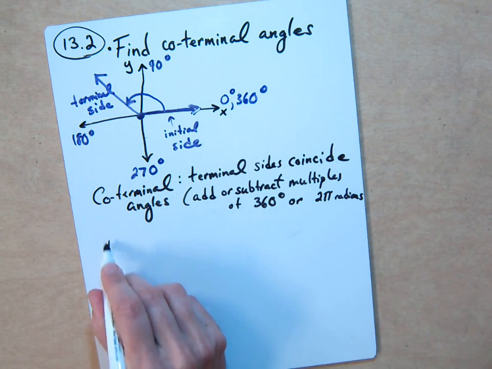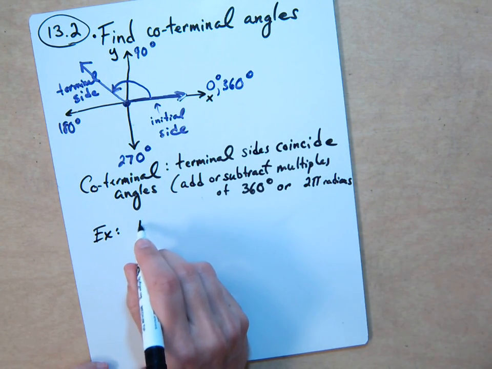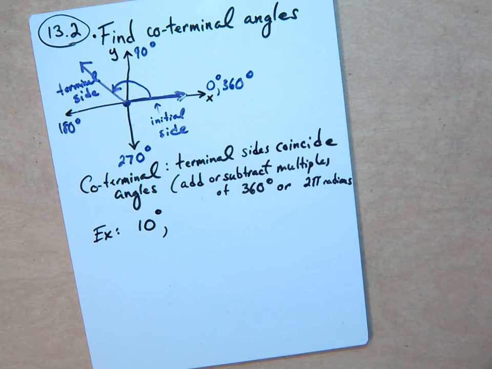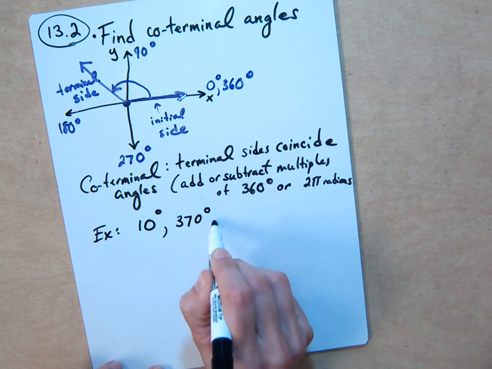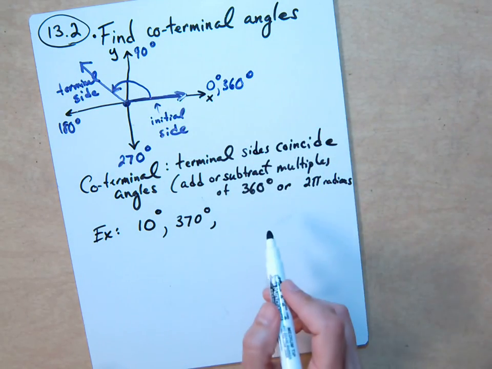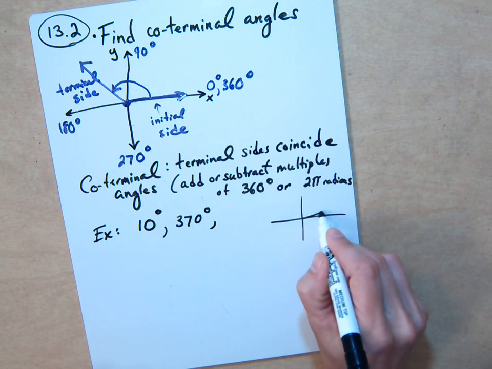So let's go back. An example of a coterminal angle would be this. If I said, give me the coterminal angles to 10 degrees, what would you say? In other words, what's another way of naming 10 degrees where you end up in the same place? Good, 370 degrees. If I draw a picture, 10 degrees is right there.